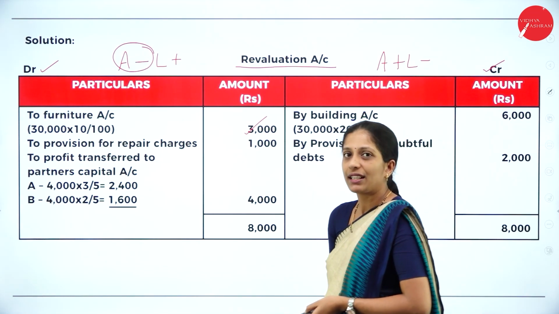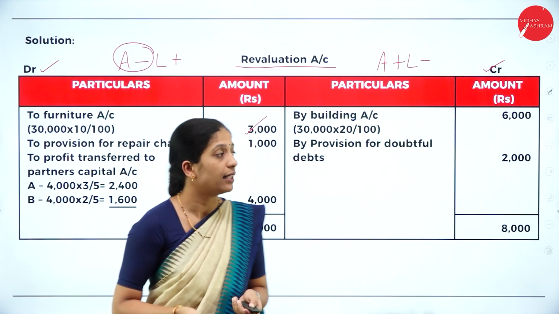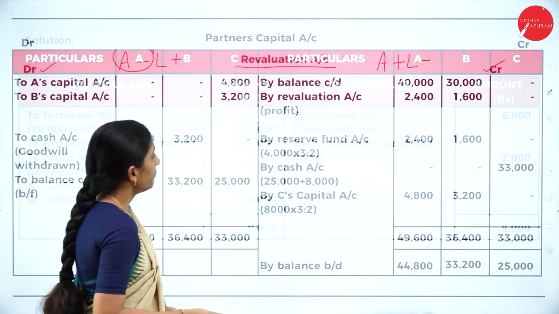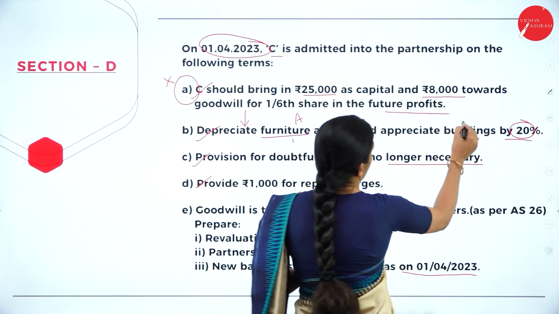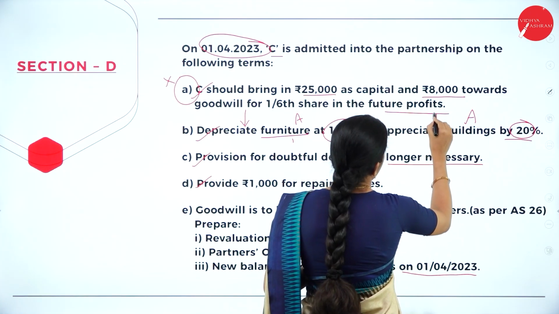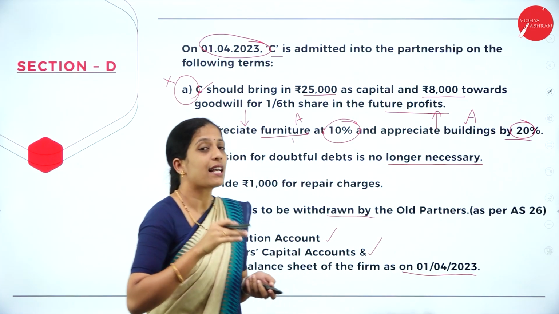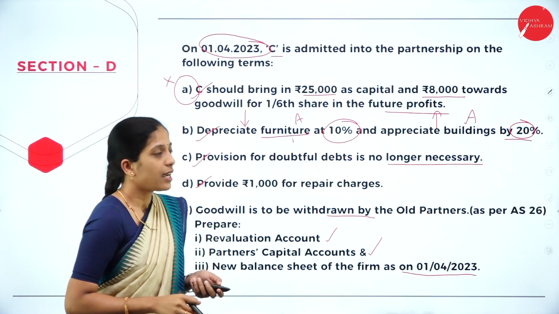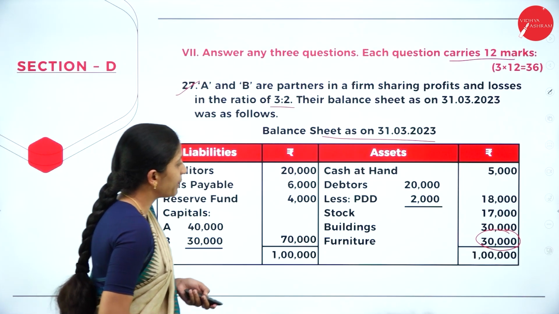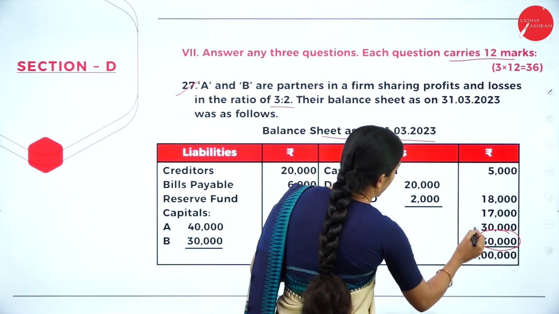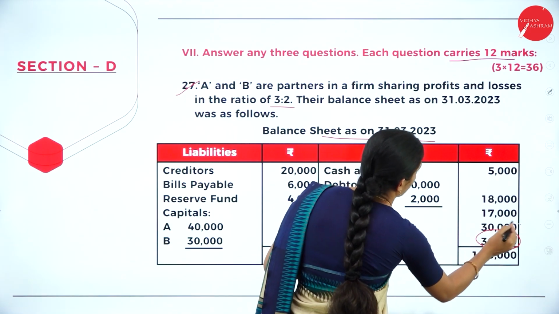Again, what they have given in the adjustment, appreciate building, correct? So, see the question here, appreciate building by 20%. Building is what? Asset. Appreciation means increase. Increase in asset. Where do we record? That is under the credit side. By building account. What is the value of building? Go through your balance sheet. So, building value is how much? 30,000.